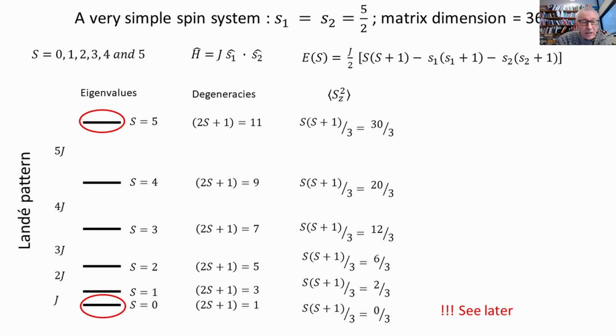The 0 is the ground state, 5 is the highest energy state, and they are separated by a so-called Landé interval, so to speak, that the energy separation gradually increases upwards here to the left. These states have degeneracies, and they are given very simply by 2S plus 1. So here at the top there are 11 microstates, and at the bottom there is 1 microstate.